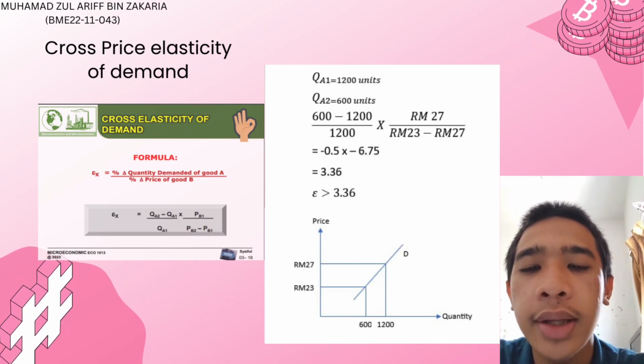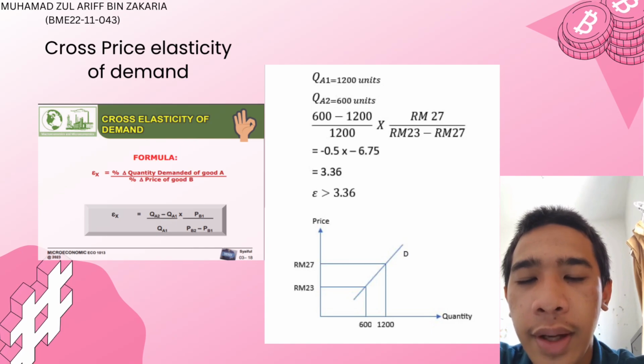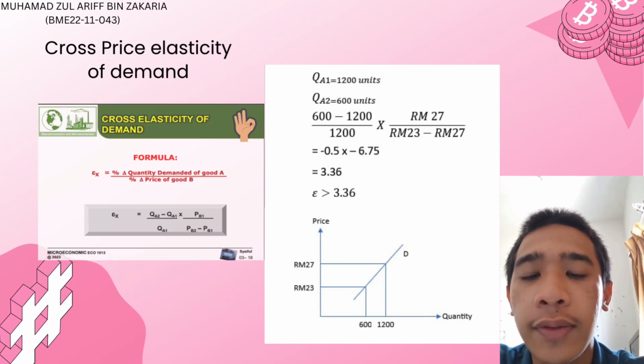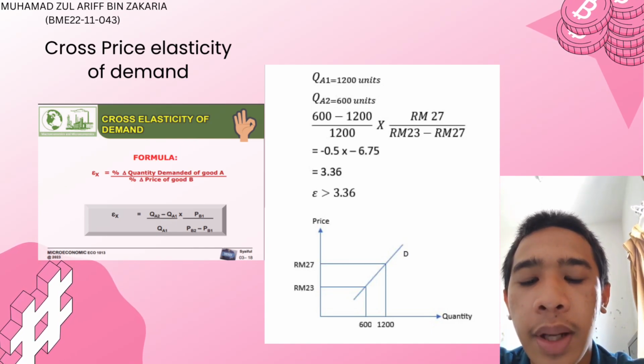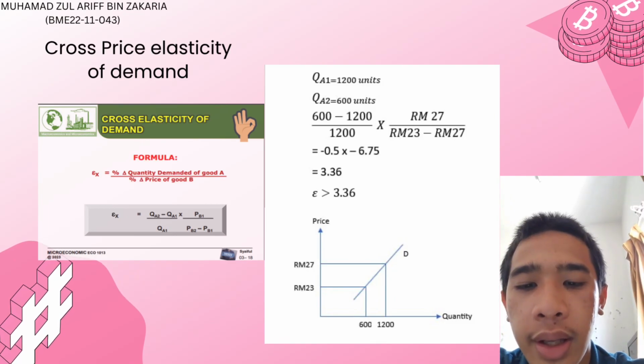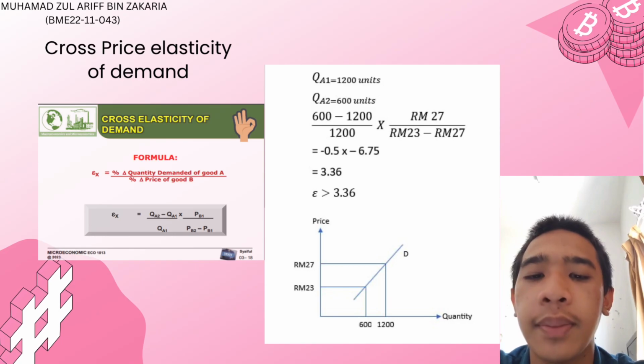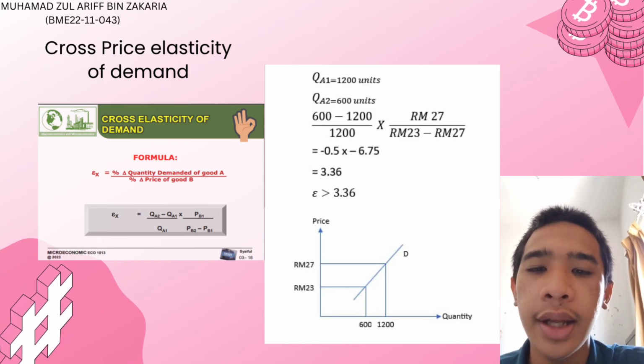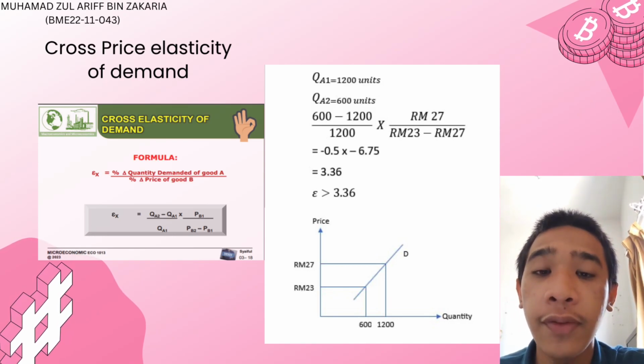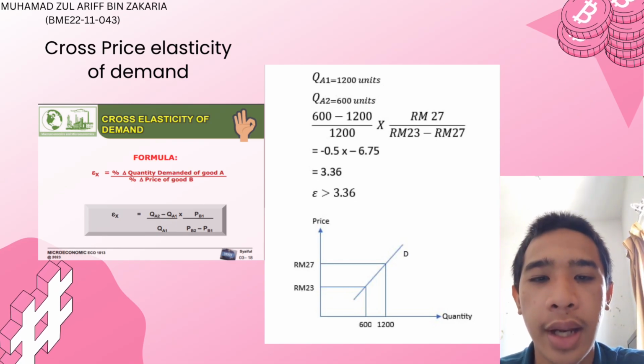So we get the answer equal to negative 0.5 multiplied by negative 6.75, and the last answer we get is 3.36. And lastly, that's an example of positive cross elasticity that I get.